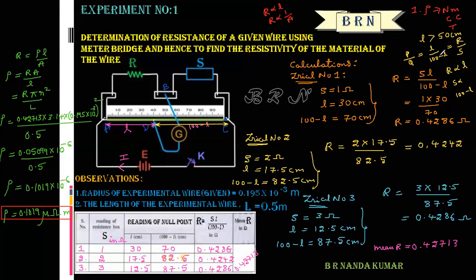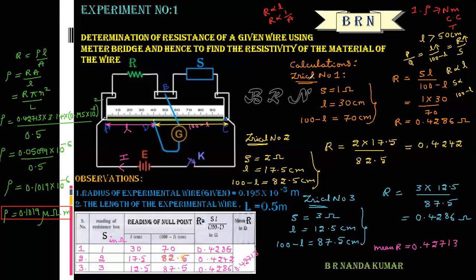Then 100 minus L is 100 minus 60, that is 40. So which one is greater? R is directly proportional to L, so if L is maximum, then resistance R also becomes maximum.